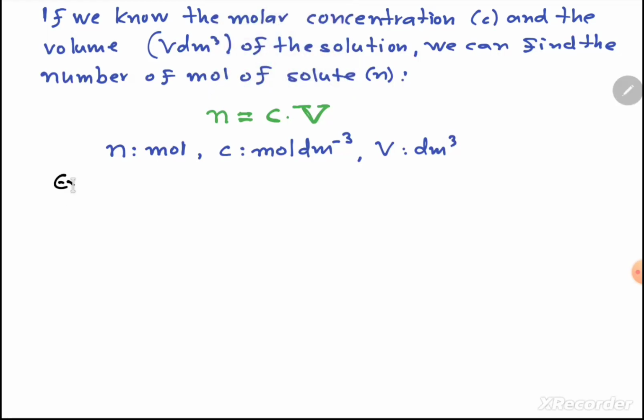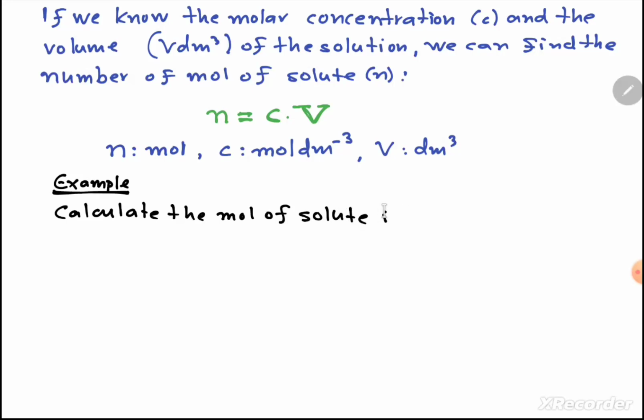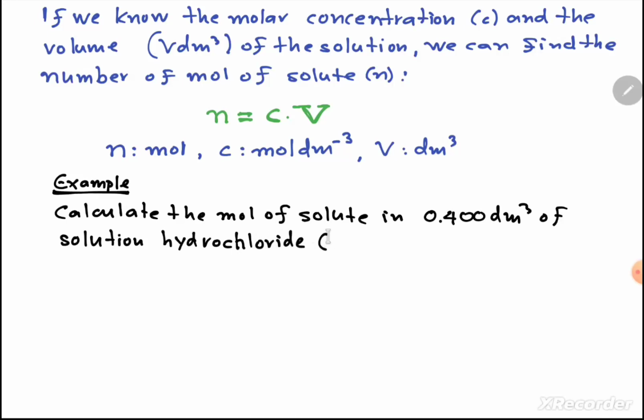Example. Calculate the mole of solute in 0.04 dm³ of hydrochloric acid solution with molar concentration equal to 0.2 mol dm⁻³.